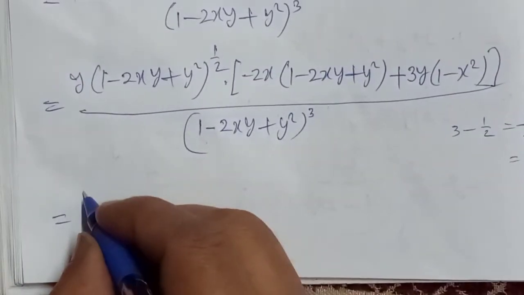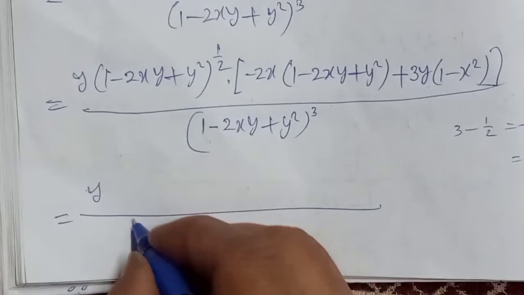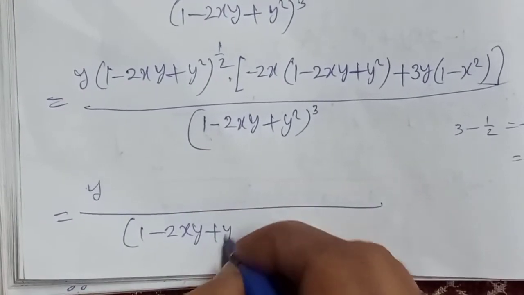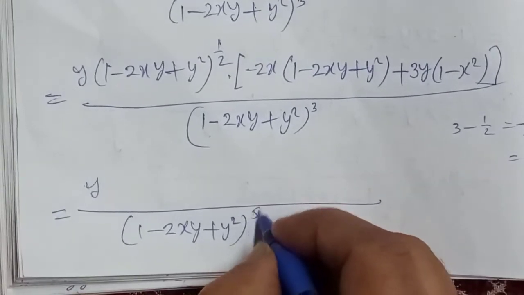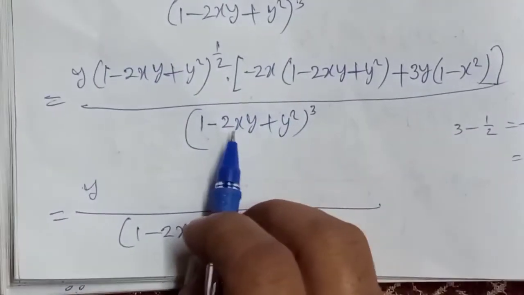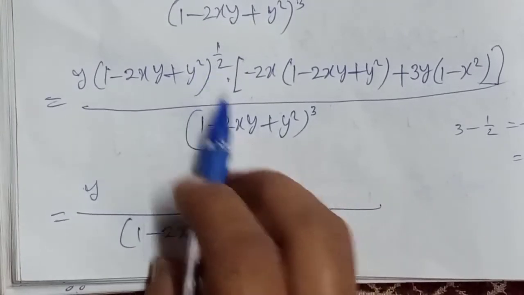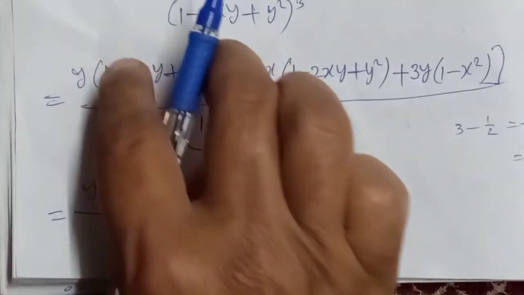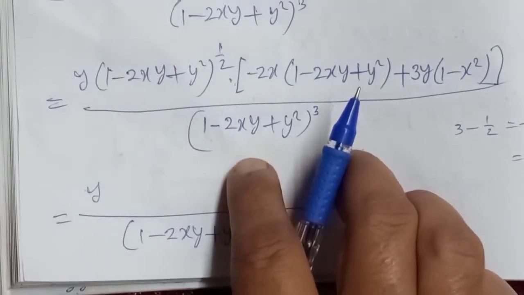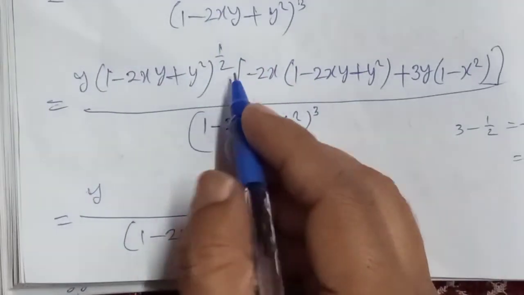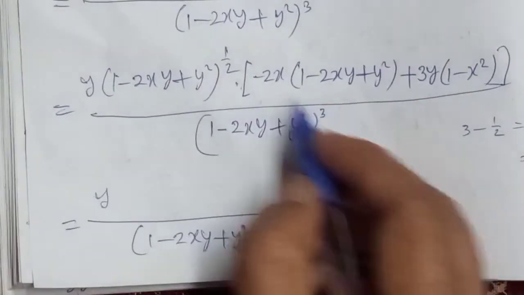So this value equals y upon 1 minus 2xy plus y square whole power 5 by 2, because the base of this quantity is equal, so I subtract 1 by 2 from 3, because I take this value to the denominator. If we take it to the numerator, then we have to subtract 3 from 1 by 2.